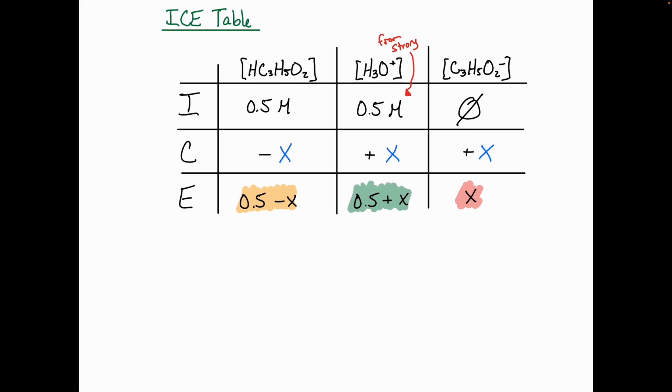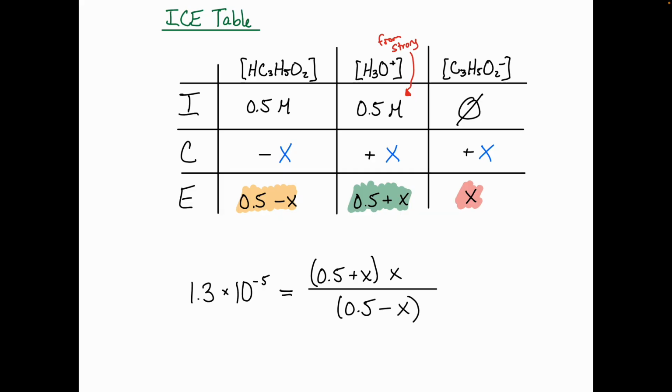Okay, so setting this all up, 1.3 times 10 to the negative 5 equals 0.5 plus x times that value of x, over 0.5 minus x.